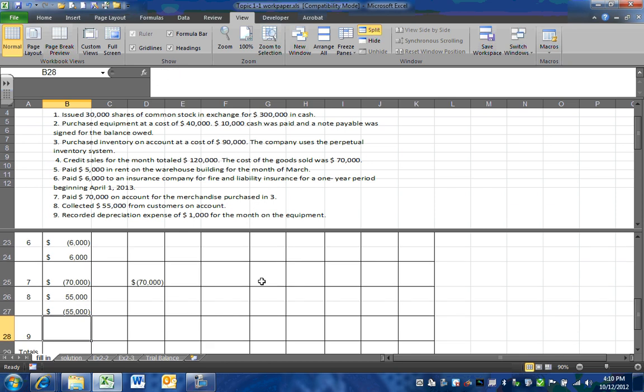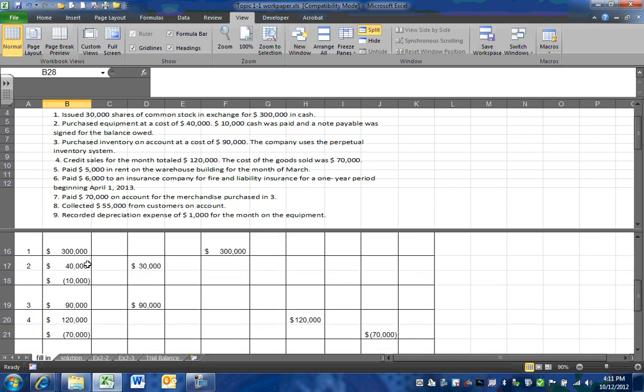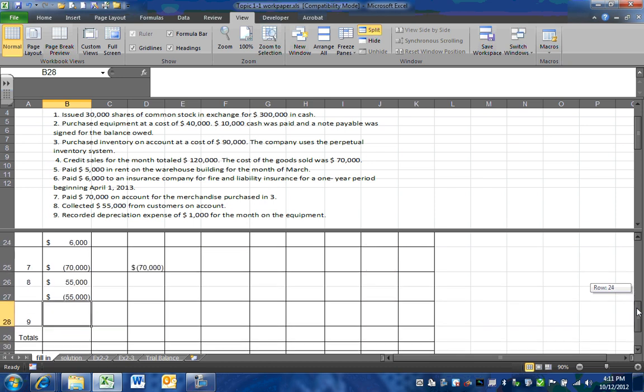And finally, we're going to have some depreciation expense. When we purchased this equipment, we did not call it an expense. Instead, we increased an asset account, equipment, by its cost.